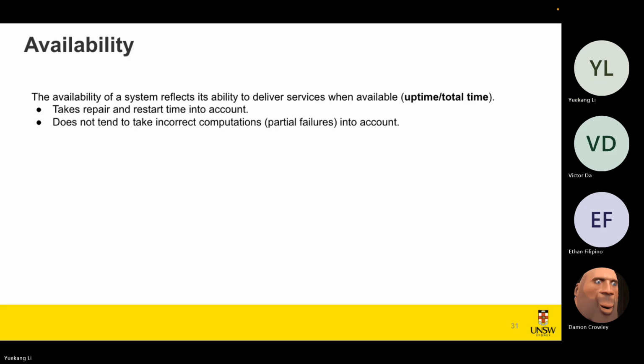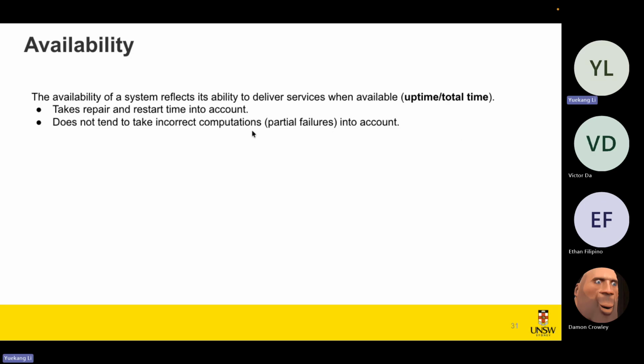And the second measurement we can use is availability. Availability reflects the ability to deliver the service to the users when needed. It is calculated like this: we use the uptime divided by total time.